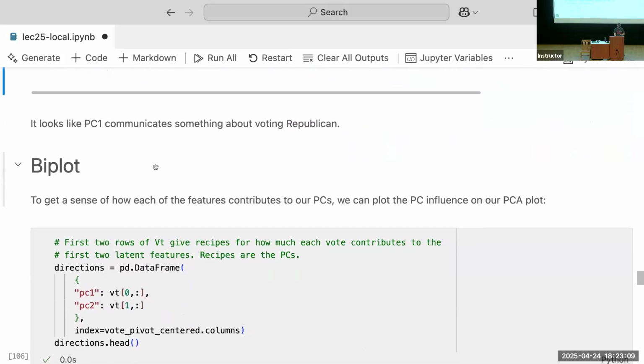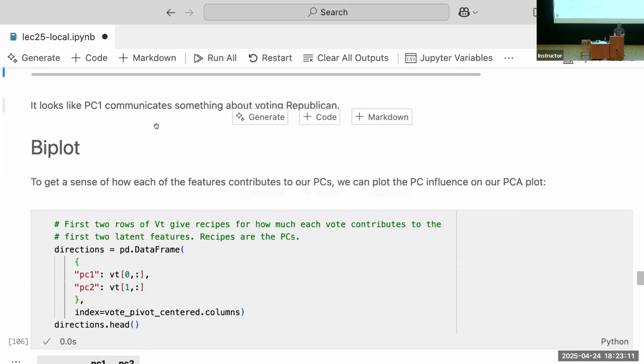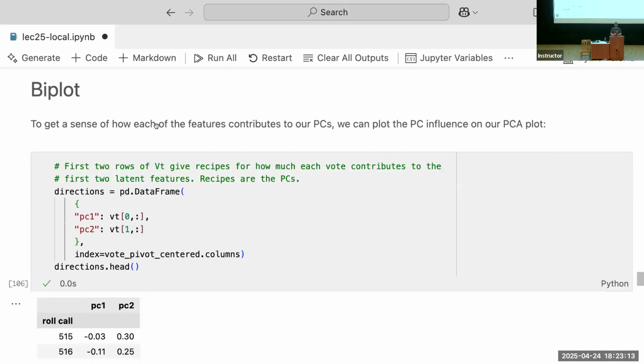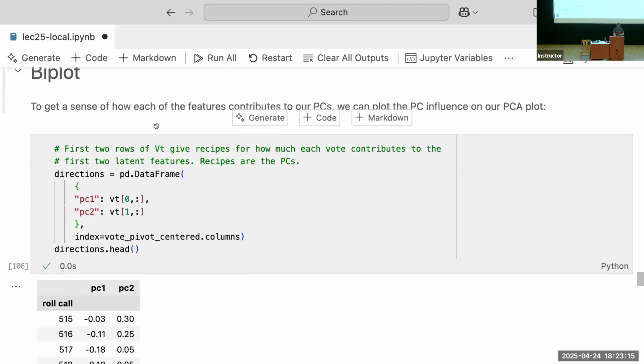All right, and then another very cool plot from PCA that you should know is called a biplot. So what is a biplot? The idea with the biplot is we start with our PCA plot, and then we want to include on our plot some indication of how each of the features contribute to the PCs.